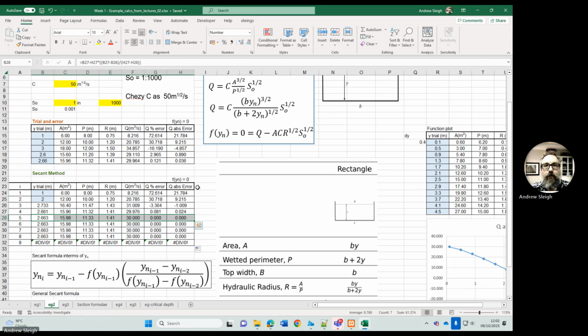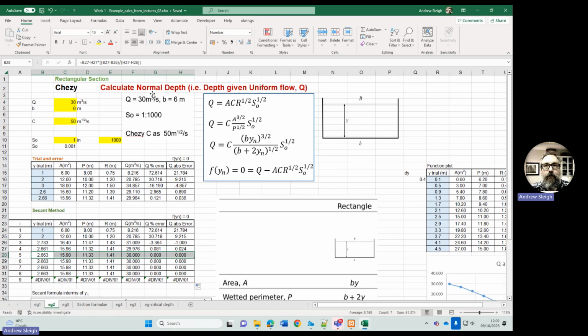Okay, so we've solved the normal depth given uniform flow. We've done 2 iterative solutions. Now we can use these tables again to solve all the questions. We just change the numbers. You've got a robust way of solving your normal depth equation in Chezy.